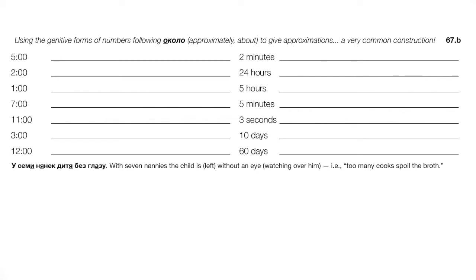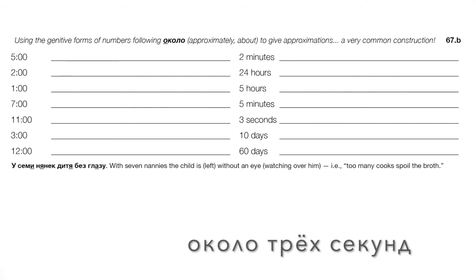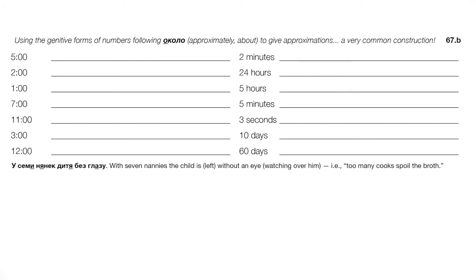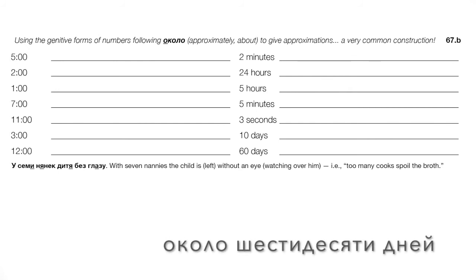Okay, anyway, around 5 hours, около 5 часов. Around 5 minutes, около 5 минут. Around 3 seconds, около 3 секунд. 10 days, около 10 дней, and 60 days, около 60 дней.